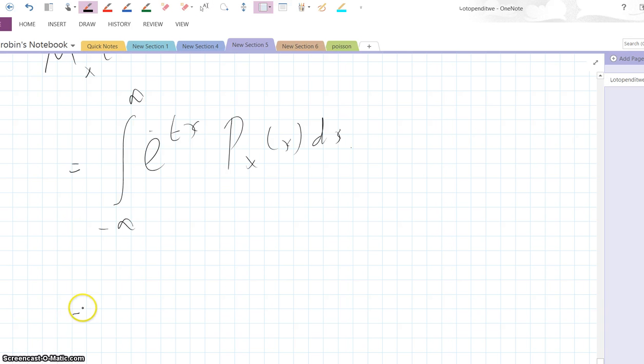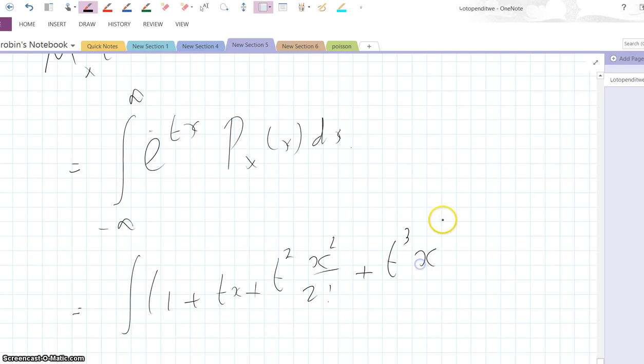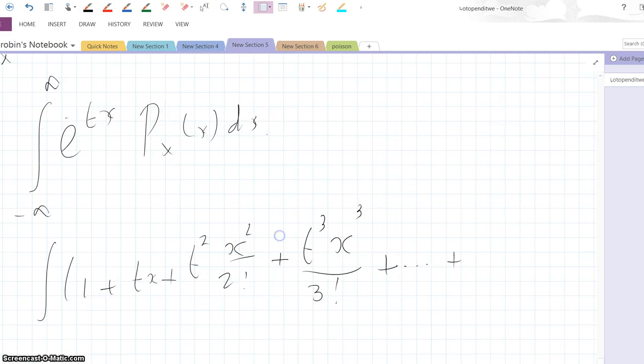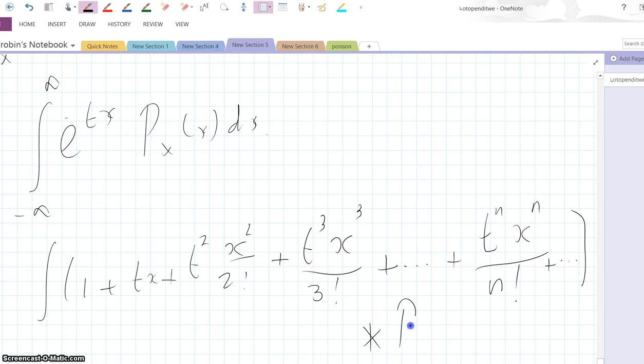Sweet. Expand that exponential, so it's 1 plus tx, plus t squared x squared over 2 factorial, plus t cubed x cubed over 3 factorial, plus and so on, plus t to the n x to the n over n factorial, plus dot dot dot, we haven't finished yet, plus all of that times the probability density function of x, and we're integrating the whole thing.